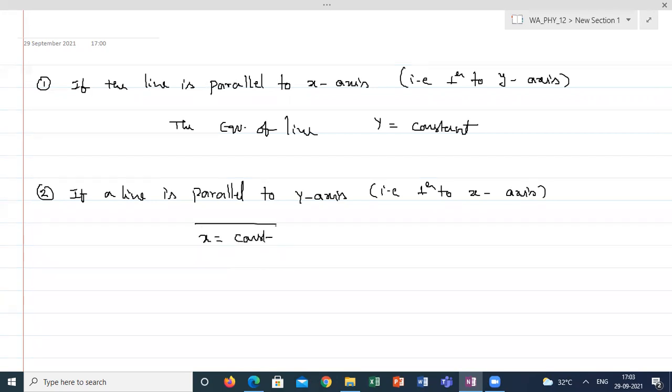That constant says where it is meeting with respect to the perpendicular axis. Suppose it is parallel to y-axis, meaning it is meeting x-axis. The constant value says at what coordinate, at what intercept this line is meeting, that will say x is constant.